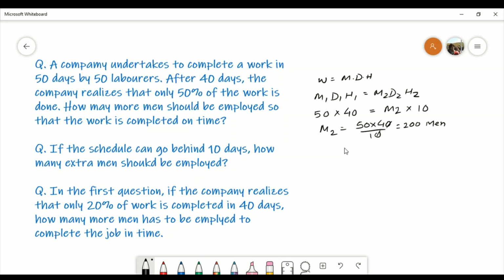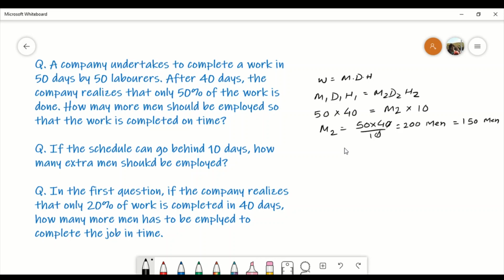So 200 men will be required to complete in 10 days the same amount of work that was done in 40 days. So how many extra men do we have to hire? That is 150 men. You have to be very careful with this, because the question asks how many more men should be employed. So 150 more men should be employed for the next 10 days.